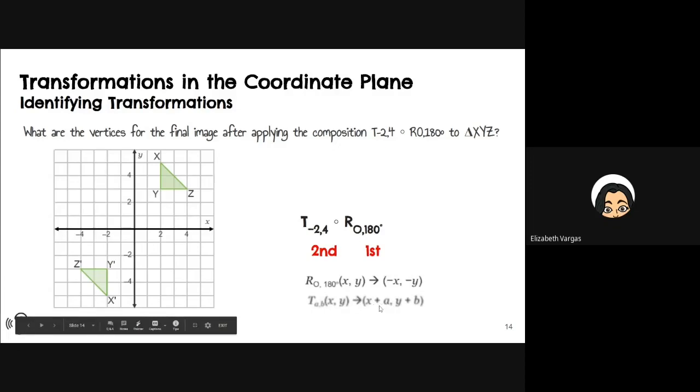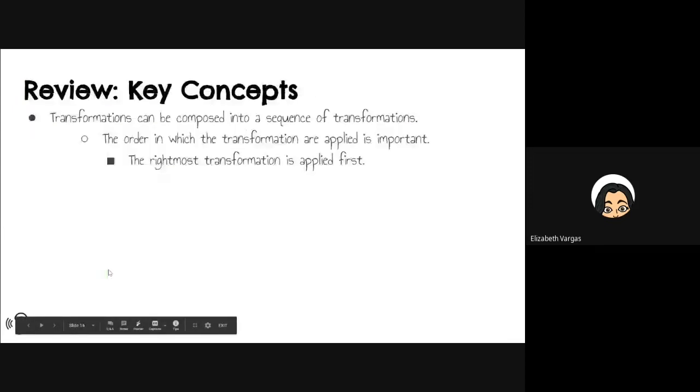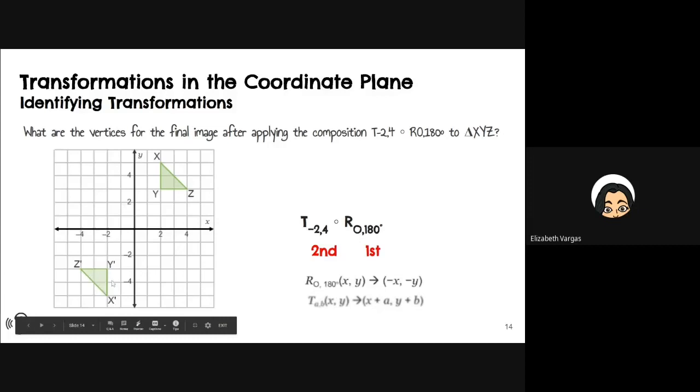In this case, we subtract 2 from x and add 4 to y. So we are using our composition to identify which mapping rule to do first and which to do second. And as a result, we end up with a resulting image located here.